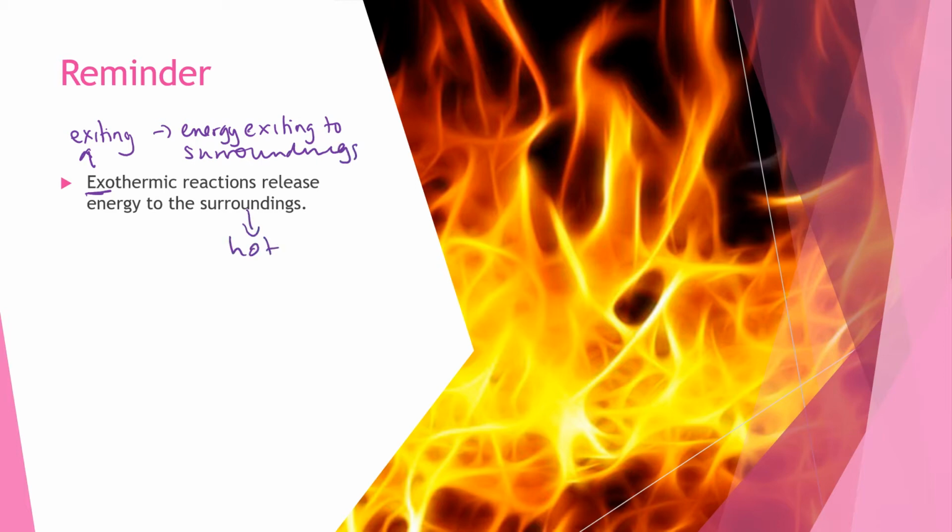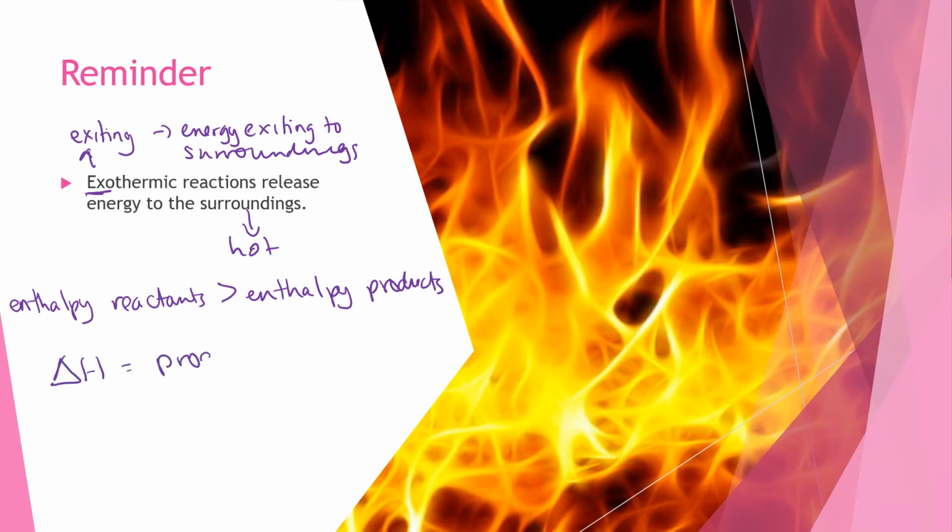In terms of enthalpy, that means the enthalpy of the reactants is greater than the enthalpy of the product, which means your change of H, or heat content of the reaction, which is always found by subtracting products minus reactants, will come out to a negative number.